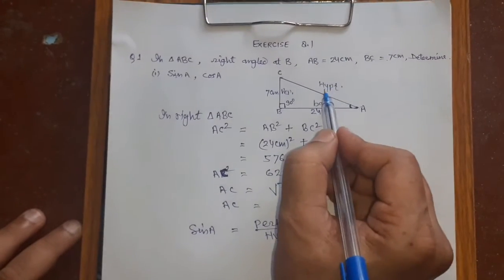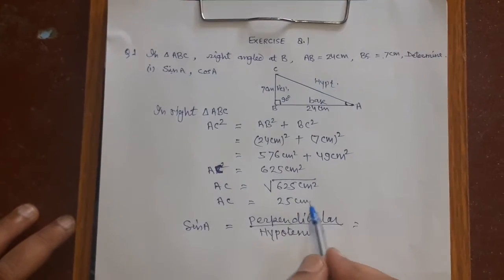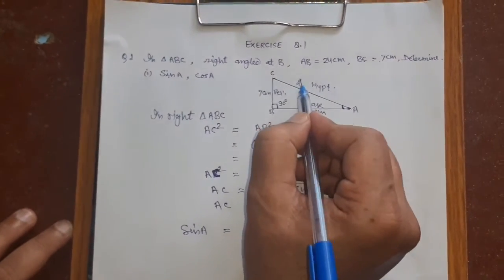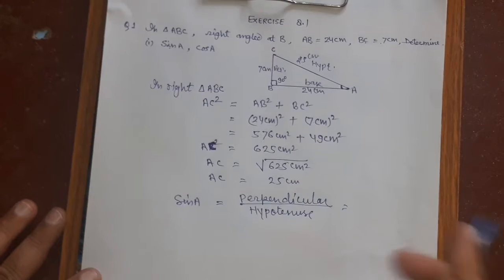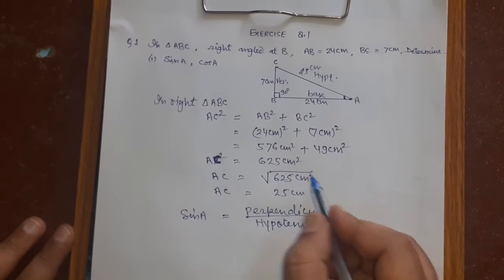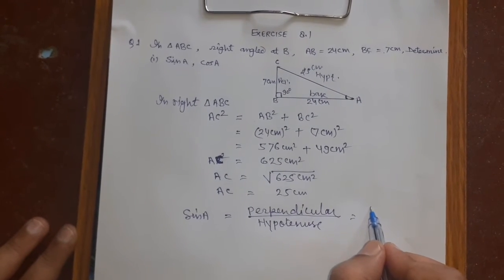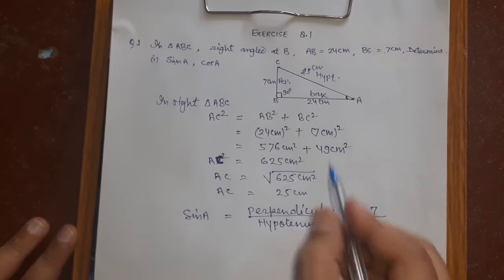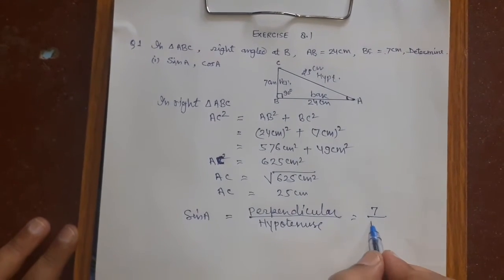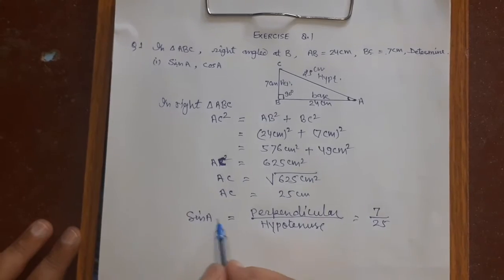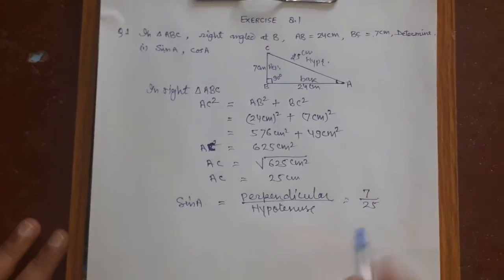Yes, hypotenuse we got 25 centimeter. This is 25 centimeter. Then we will say perpendicular is 7 and hypotenuse is 25. Sin A is 7 upon 25.